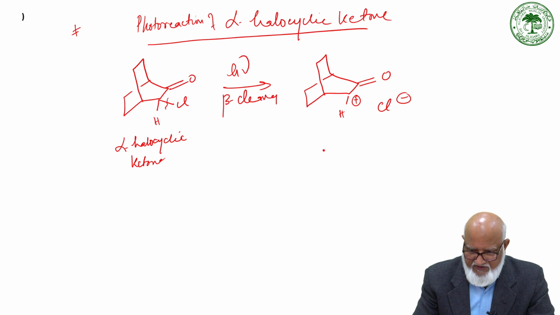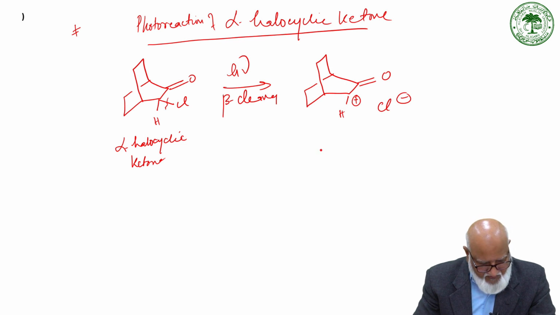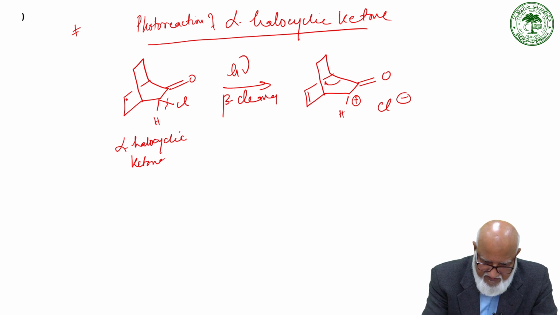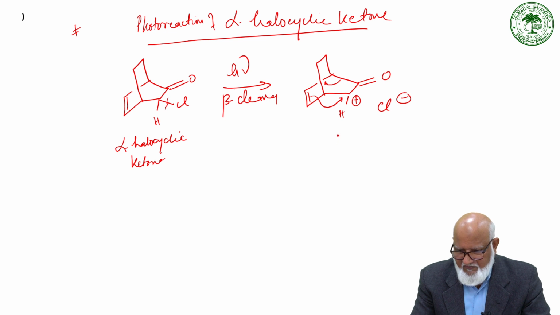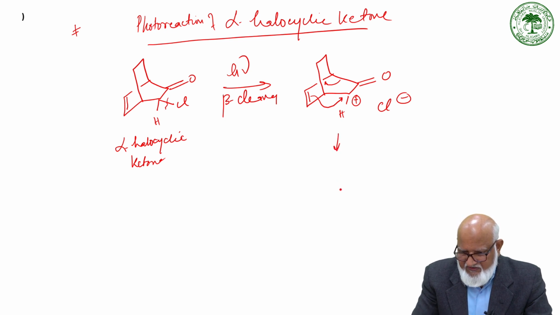And then this has been found to undergo a rearrangement in such a way that it goes like this, and then there is a double bond here, and this double bond attacks this. So we end up with a cyclic structure, with cleavage of this bond, and then there is a formation of cyclopropane.